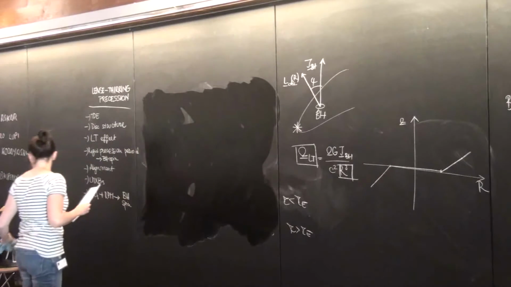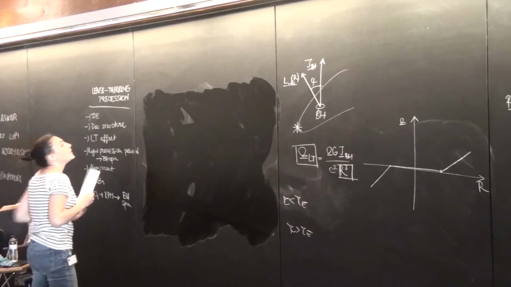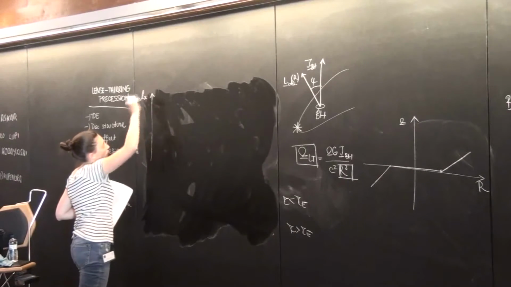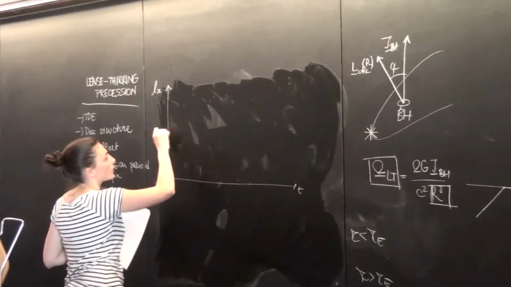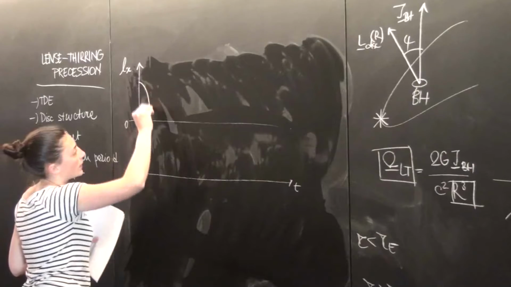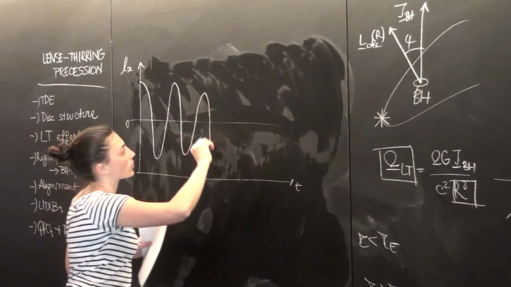And what we found is something like this: if we plot the x component of the disk angular momentum versus time for 4 different radii inside the disk, we see this sort of behavior.